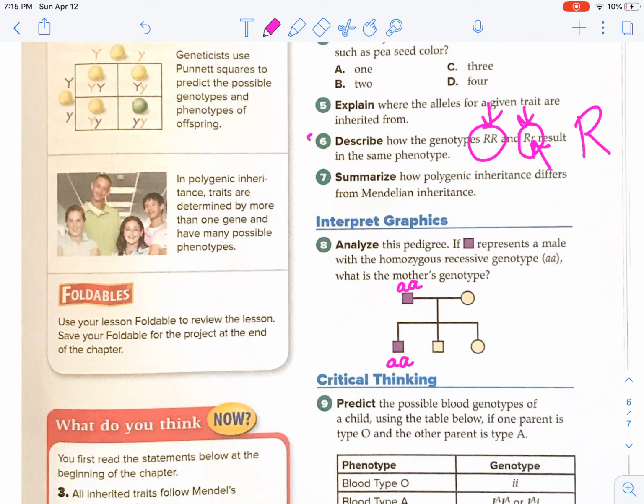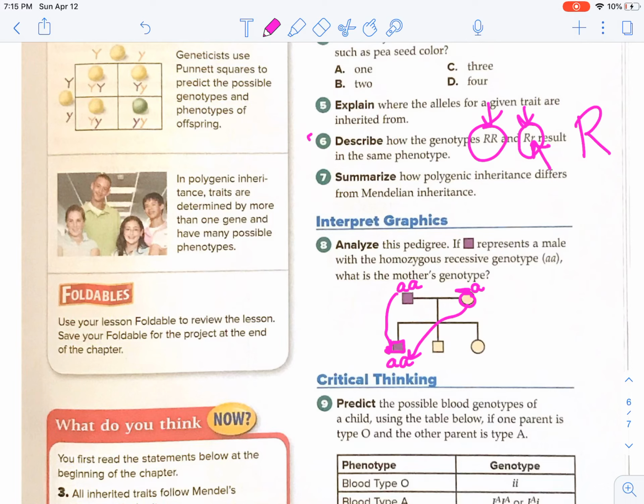So remember that this male must have gotten one of these from dad and one of these from mom. So mom has to have given him a little a. However, if the purple represents the recessive phenotype, then this mom must have the dominant phenotype, in fact, because she's not colored in purple, she's colored in white.